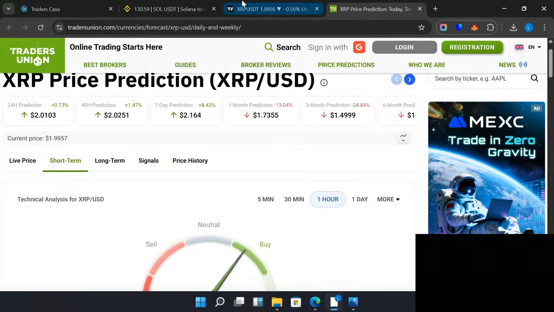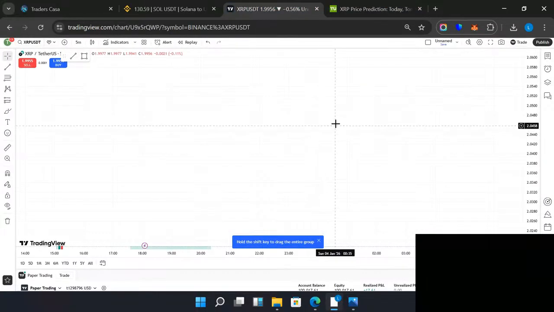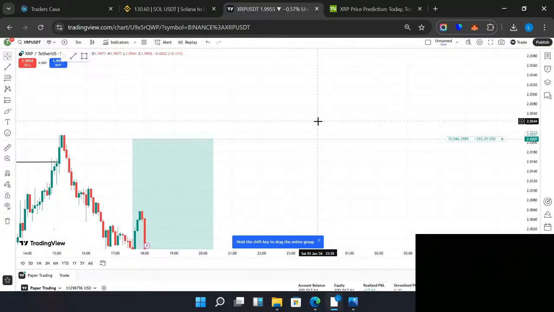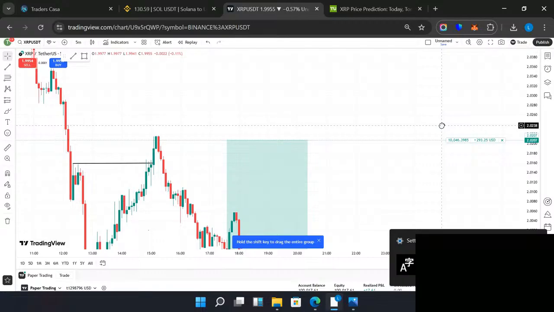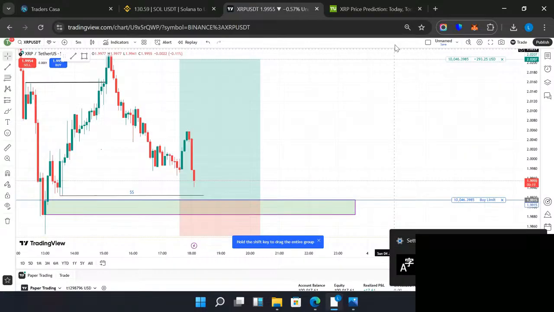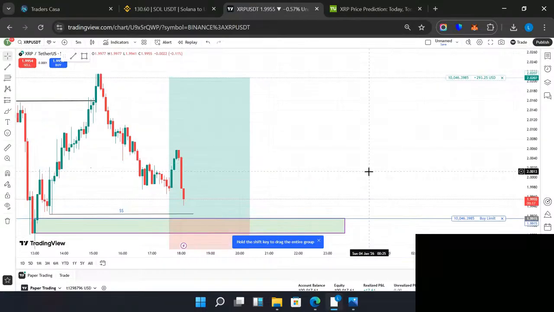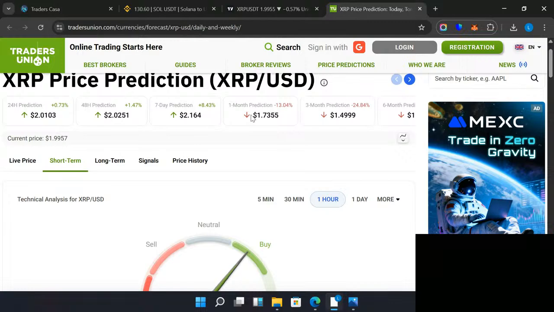How much are they saying? 0251. So 02 is here, so 51 will be here. So a little bit above our target, but that's not the buy side liquidity. So a little bit of difference is there, but mostly right.